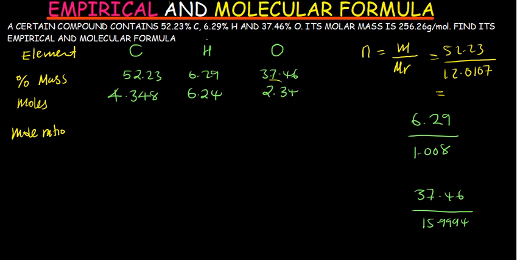So starting by itself, 2.34 divided by 2.34, that will give us a 1. And then the next, divide 6.24 by 2.34. And then also divide 4.348 by the same 2.34. So divide everything by the smallest moles.